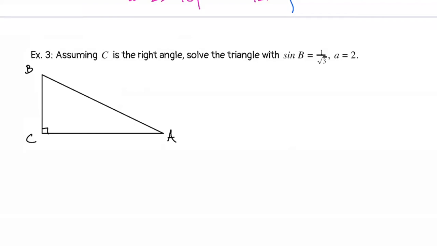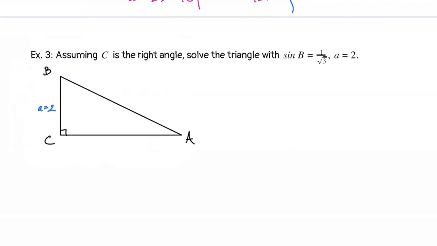We're going to go with the vertical because little a is in fact across from capital A. I know little b is going to go down here, and little c is going to go there.